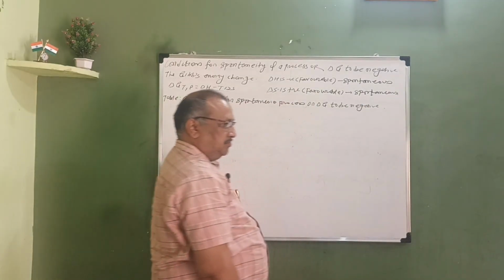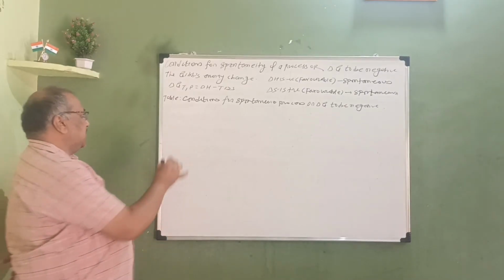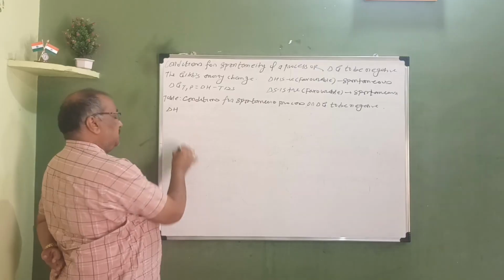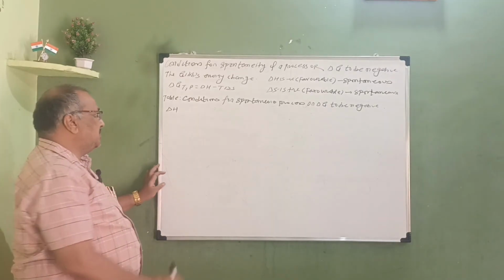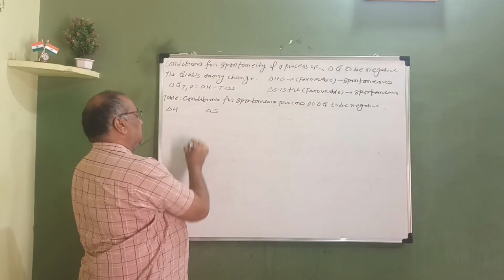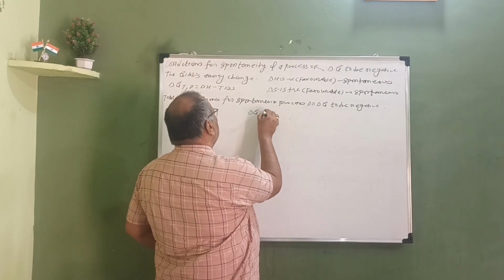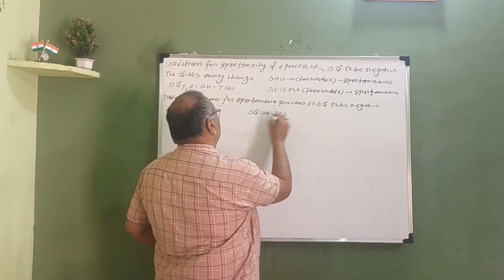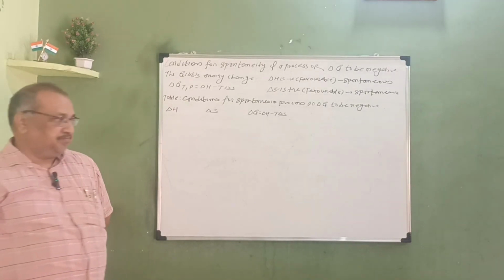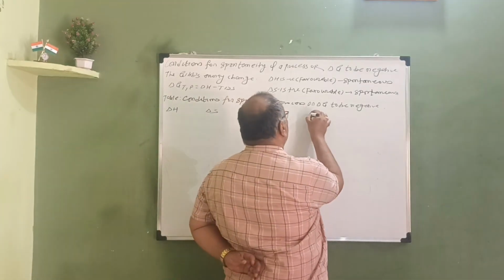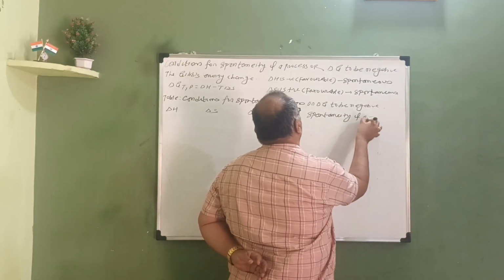That means here, write down delta H, second term is delta S, third is delta G equal to delta H minus T delta S, and fourth is spontaneity of a process.